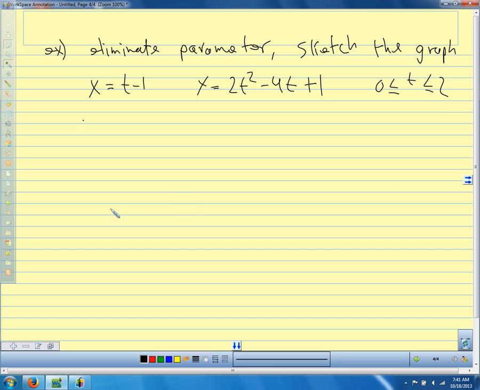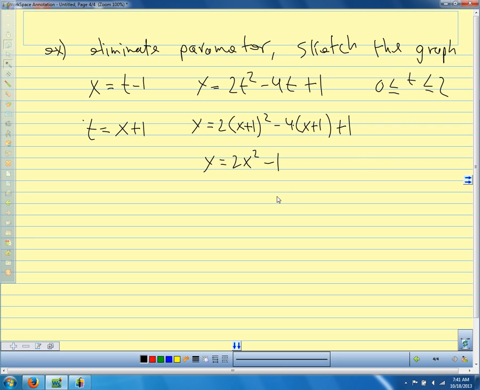So this one's going to be a lot easier to eliminate the parameter. t equals x plus 1. I substitute. So y equals 2 times (x plus 1) squared minus 4 times (x plus 1) plus 1. Simplify this, I get y equals 2x squared minus 1.